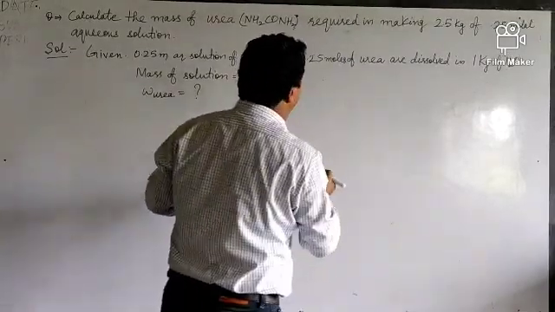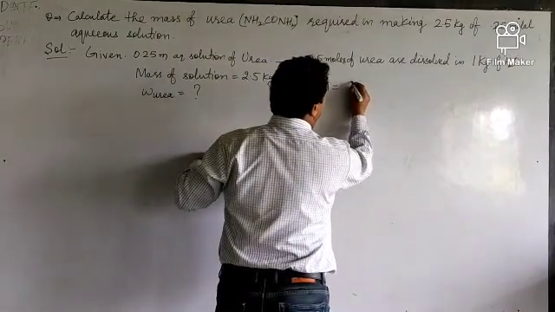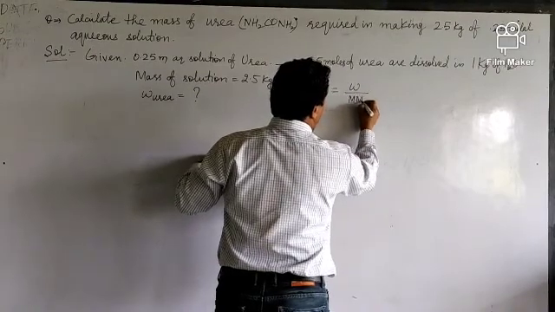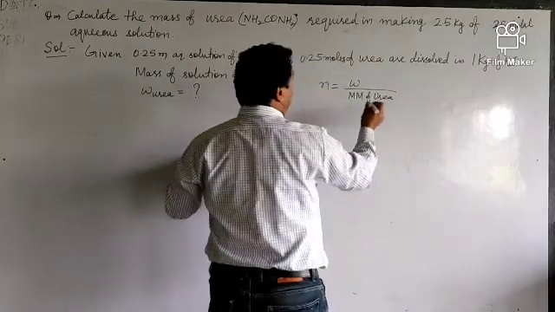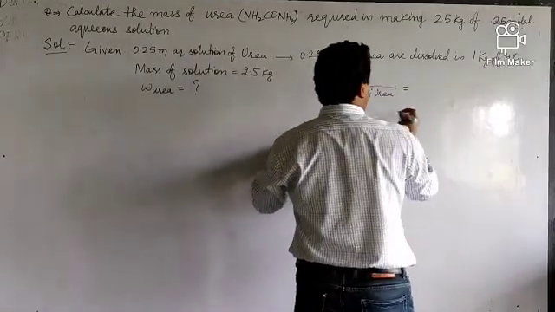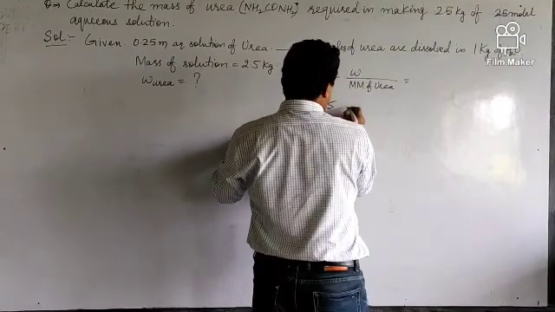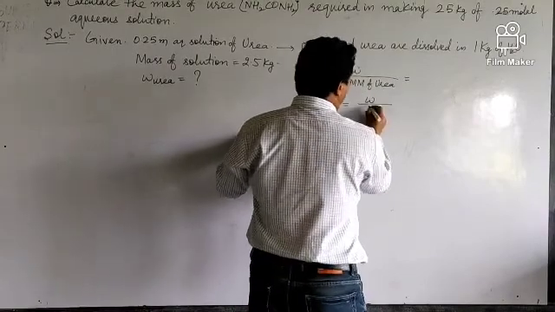So how many grams is 0.25 moles? Number of moles is equal to given mass W upon molar mass of urea. And if you calculate the molar mass of urea, it comes out to be 60. So it is 0.25 equals W upon 60.